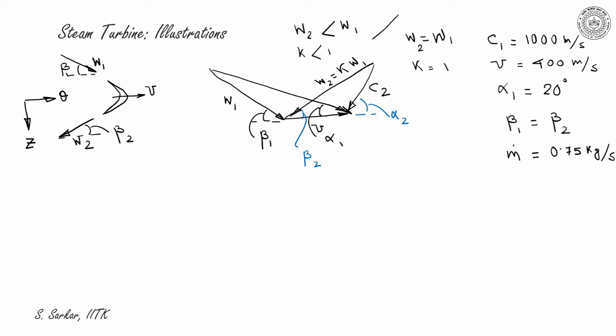Please note that beta 2 and beta 1 are equal, as I have told here. This is C1, I had forgotten to mark. So I have completed the velocity triangle. Now I'll solve part 1.